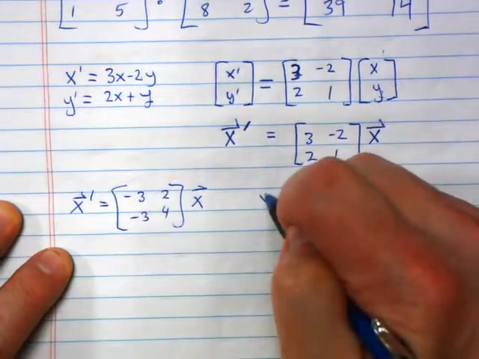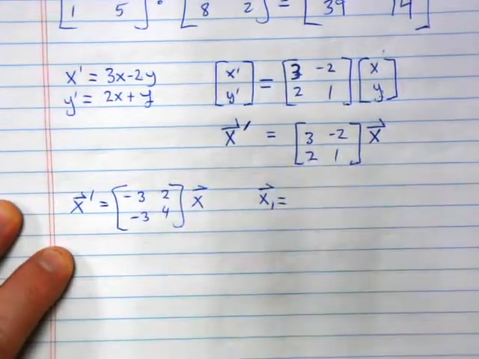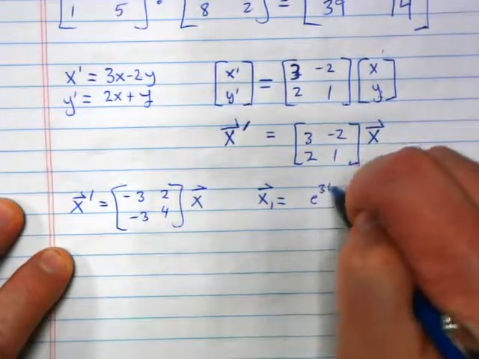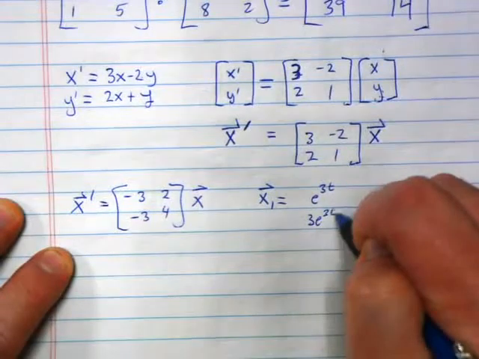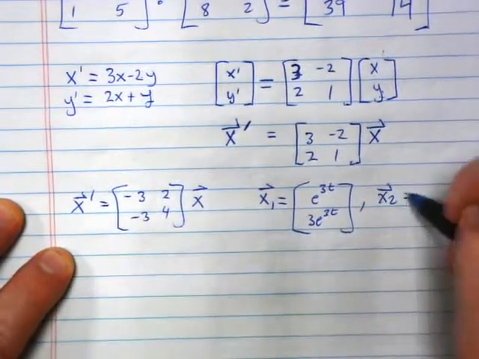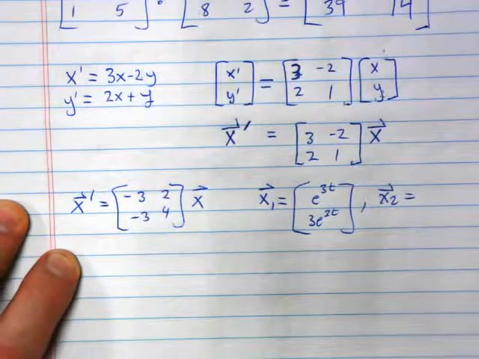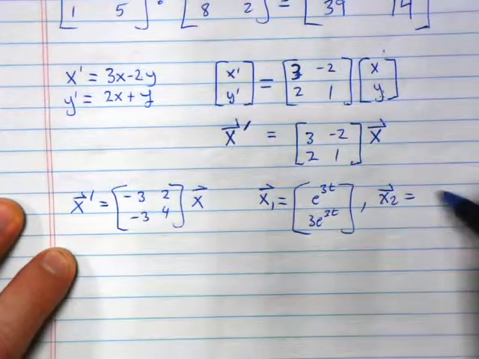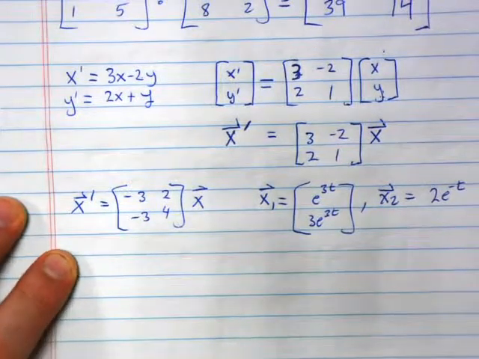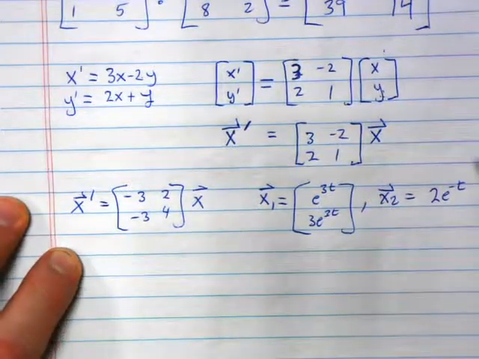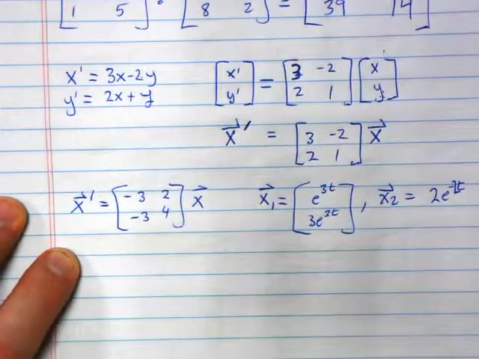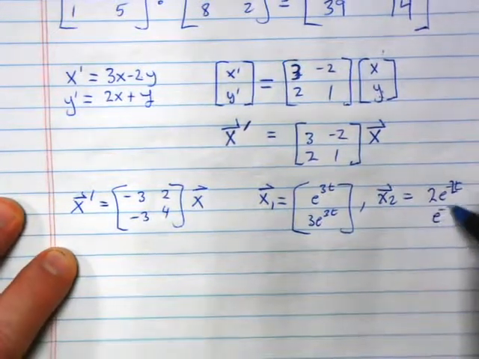And they give you x1 equals e to the 3t, 3e to the 3t. x2 equals 2e to the negative 2t, e to the negative 2t. No initial conditions.